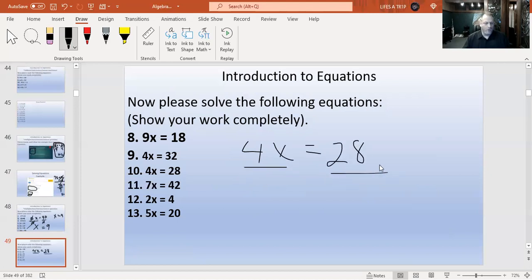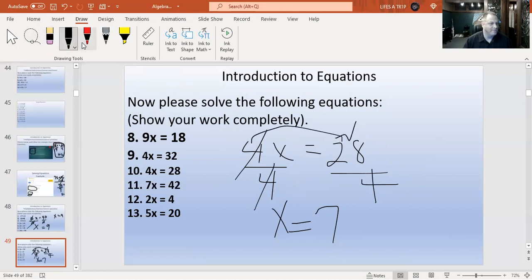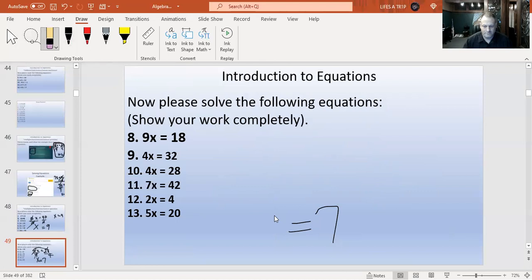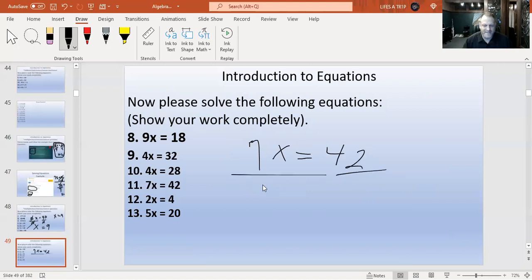Okay, all right, 4x equals 28. Divide by 4. x equals 7. Quick math, 4 into 28 is 7. Okay, number 11. 7x equals 42. Divide by that 7 on both sides. x equals 6.